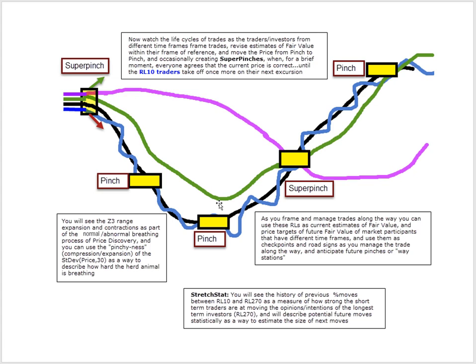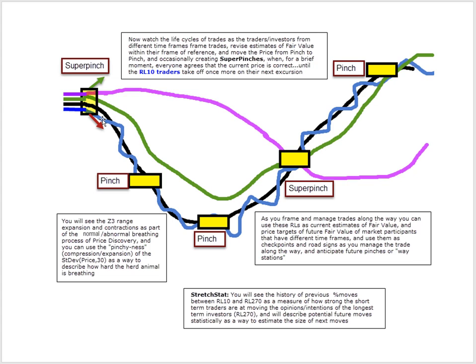Once you get used to seeing these price moves between price levels, between measures of fair value, as moves from pinch to expansion, back to pinch, expansion, pinch, and then back into a super pinch, you will see this almost as the normal or abnormal breathing process of price discovery.